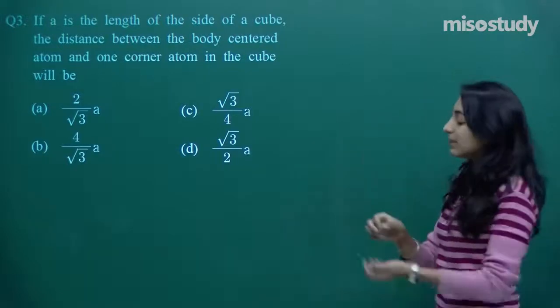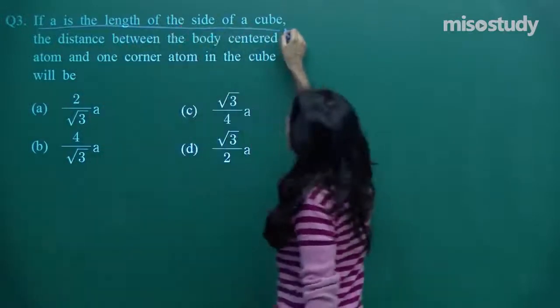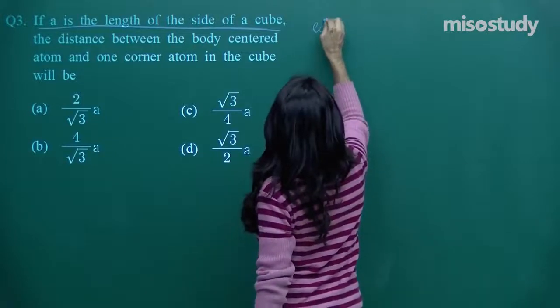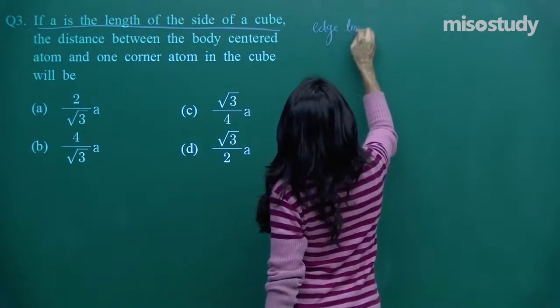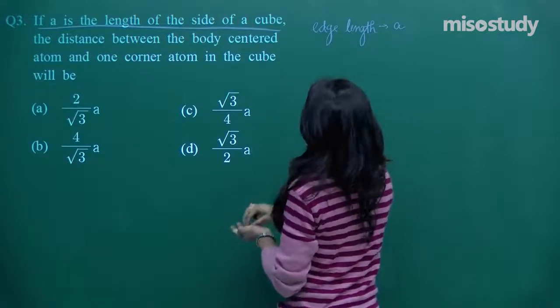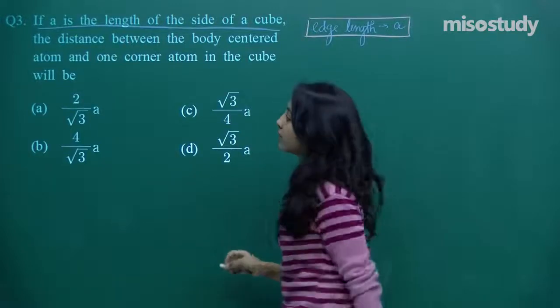And the question is, if A is the length of the side of the cube, that means the edge length is given as A. And we are again considering a cubic unit cell.